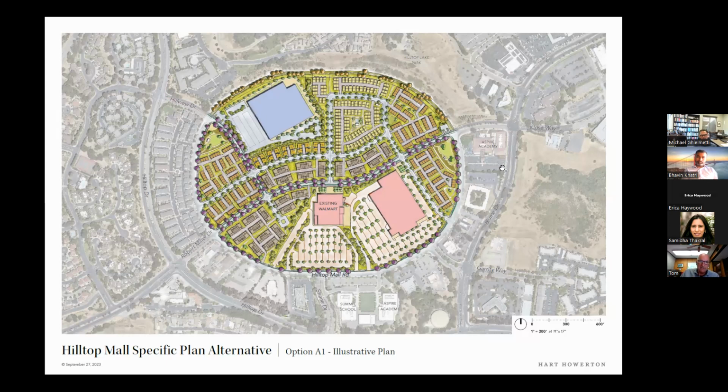You do see an employment center there. Once again, soft R&D, data or the like, not your traditional warehouse, truck-intensive type development. And in this particular option, we show you a big box retail next to the Walmart. And that's one of the options we want to continue through this.